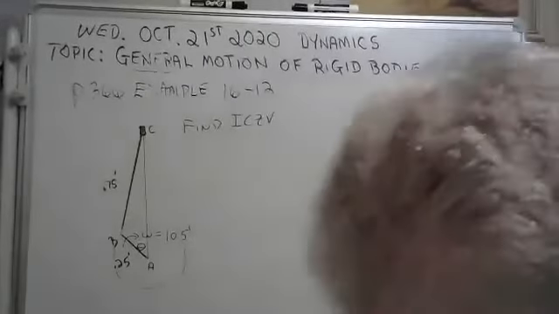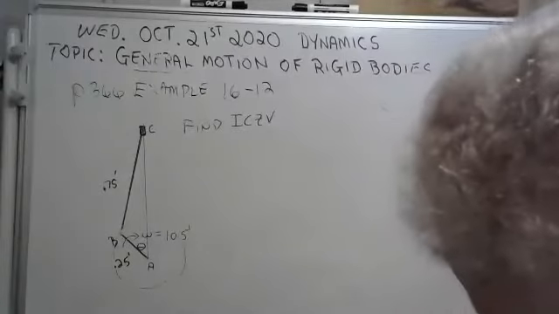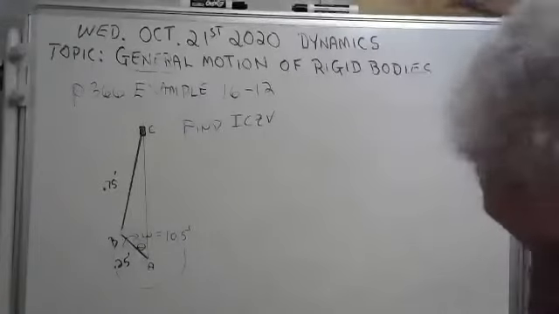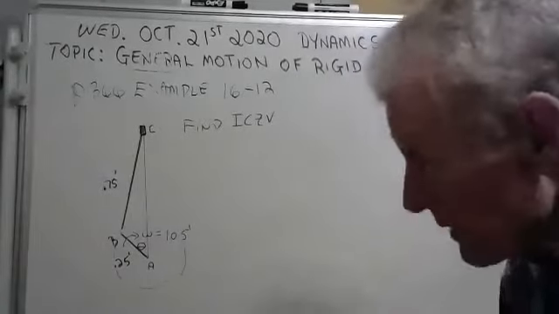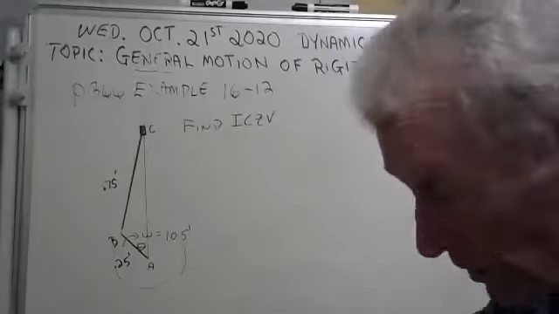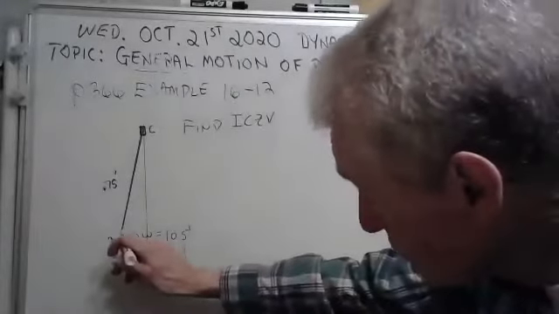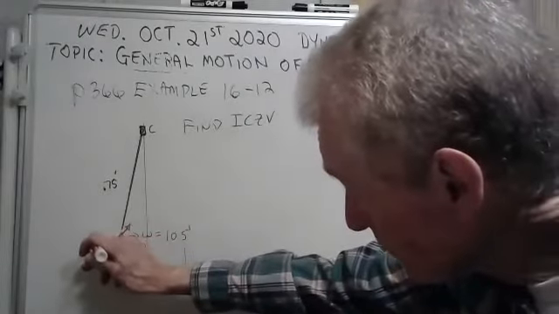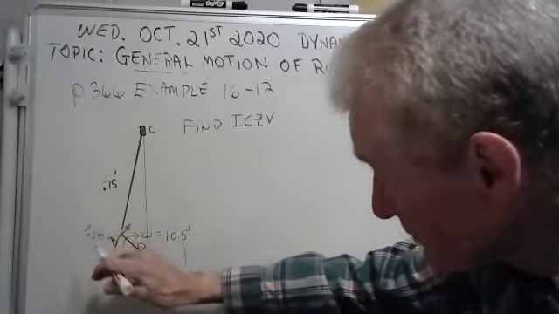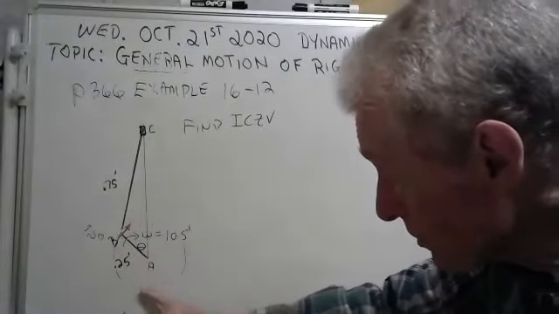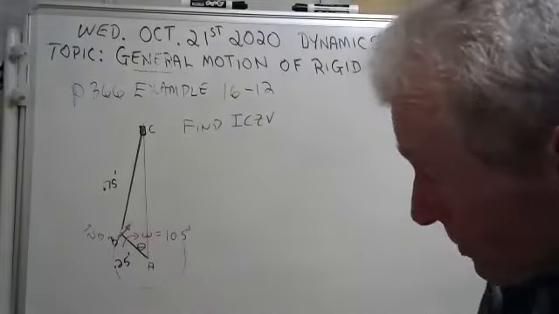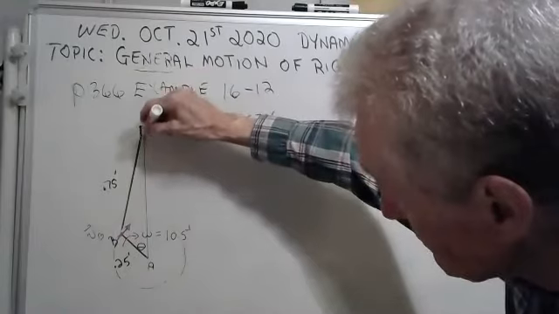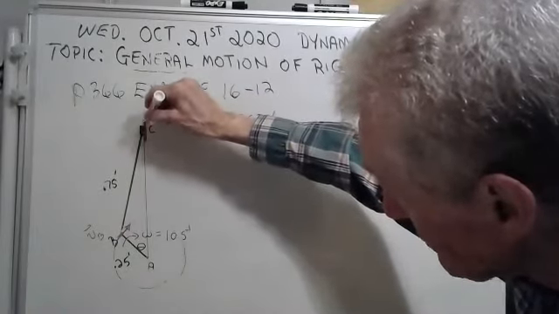Now to help you, some of you might have forgotten what to do. You've got to get a red pencil and you have to draw some velocities. Now B right at this moment, the velocity of B is going around in a circle. I just drew it. Now the velocity of the piston, it's going straight up.